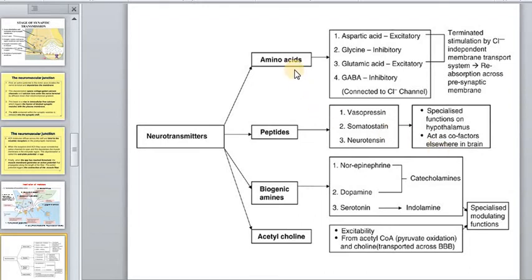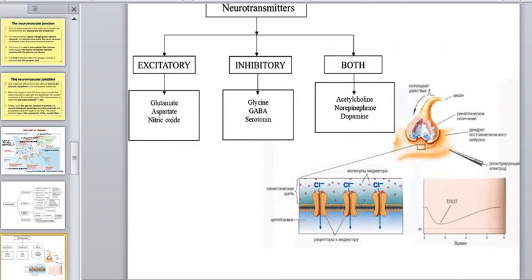You see amino acids, peptides, biogenic amines, and especially acetylcholine. You know this molecule. About classification, we have one more slide about classification. A neurotransmitter can influence neurons in one of three ways.